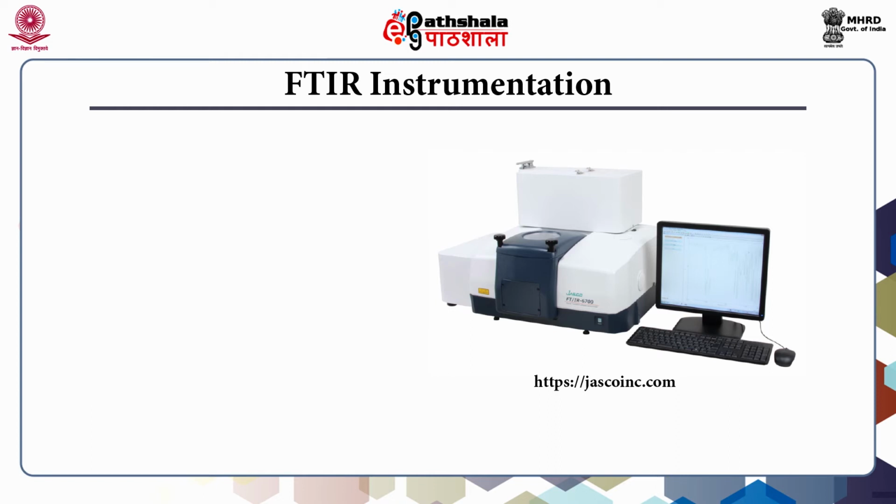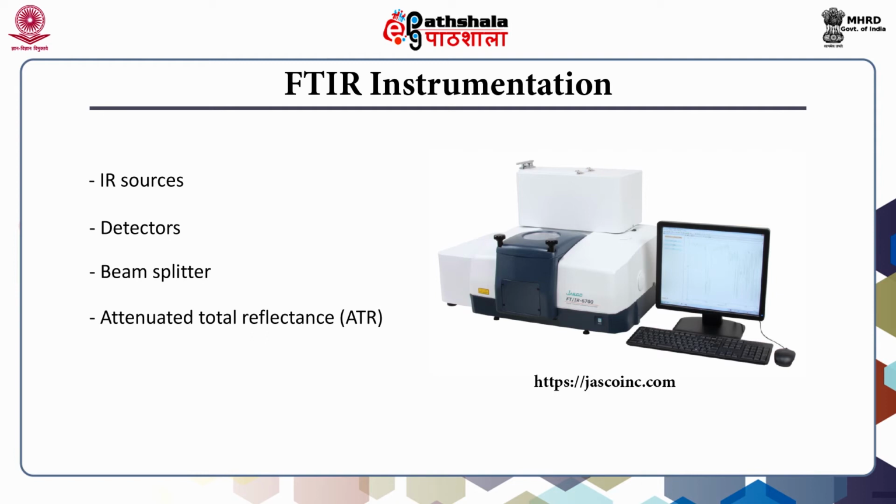This is different from a UV-visible spectrophotometer, where data are collected over a narrow range of wavelength at a time. The instrument consists of infrared sources, detectors, beam splitter, attenuated total reflection, and most importantly, the interferometer.